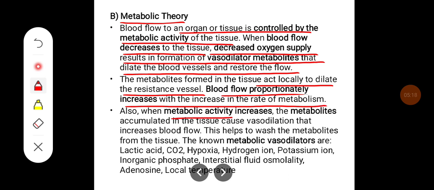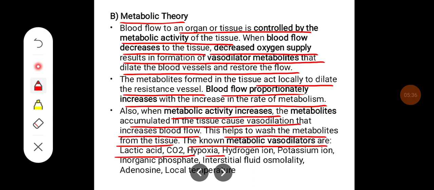Also, when metabolic activity increases, the metabolites accumulated in the tissue cause vasodilatation that increases the blood flow. This helps to wash out the metabolites from the tissue. The known metabolic vasodilators are lactic acid, carbon dioxide, hypoxia, hydrogen ion, potassium ion, inorganic phosphate, interstitial fluid osmolarity, adenosine, and the local temperature.